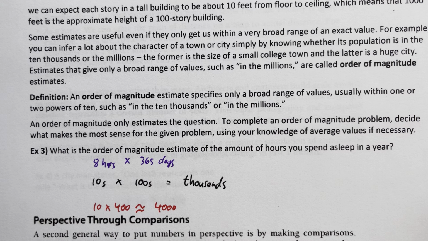So it can kind of give you a reference. If you have been to Raleigh, those buildings are probably maybe 30 stories, 40 maybe tops. So 1,000 feet would be 2 to 3 times bigger than those buildings. So it gives you a reference. You're like, oh wow, okay, that's about what I'm looking at. Once again, what do you expect to have happen, and what are you expecting the answer to be?